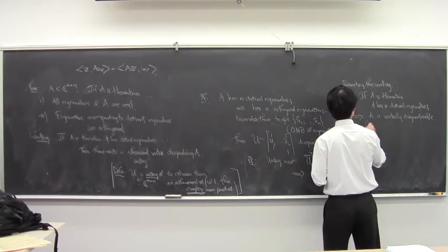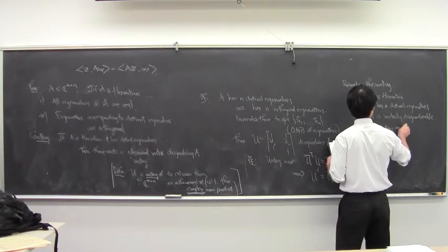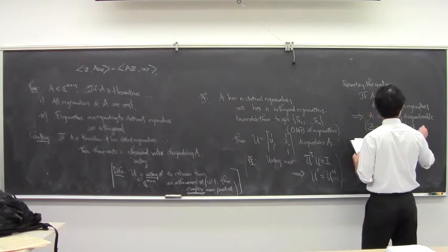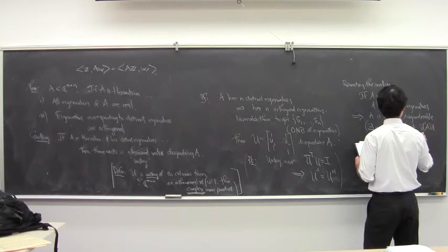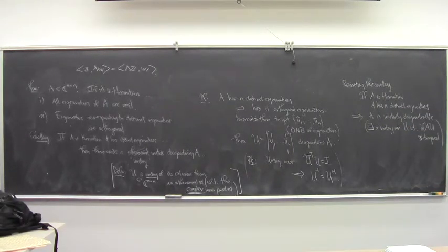In other words, there exists a unitary matrix U such that U inverse AU is diagonal. Okay, so if A is Hermitian and has n distinct eigenvalues, not only are you diagonalizable, but you're unitarily diagonalizable, something better than just being diagonalizable.